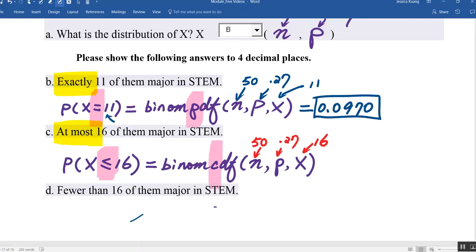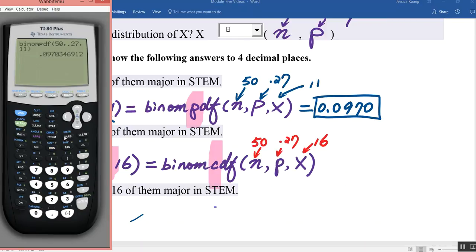So let me pull out my calculator, and I will go to second VARS, and choose binomcdf. 50, comma, 0.27, comma, 16, close the parenthesis.